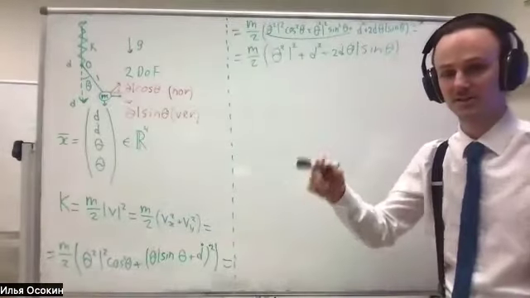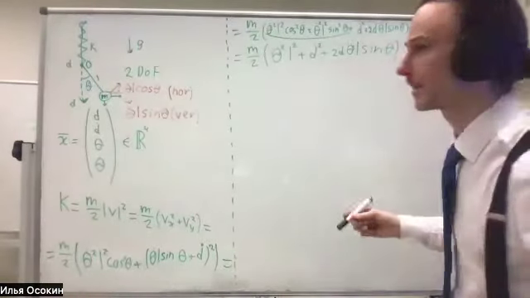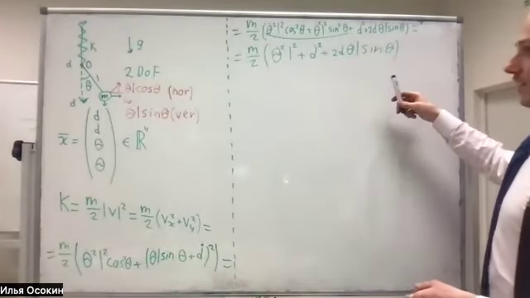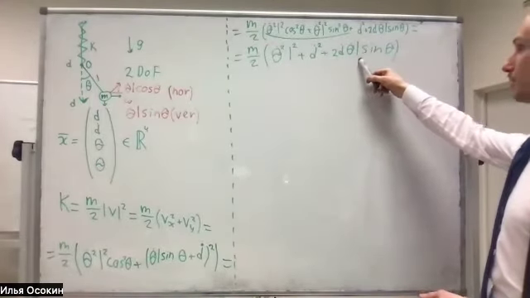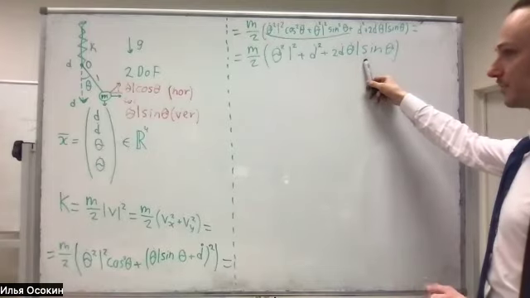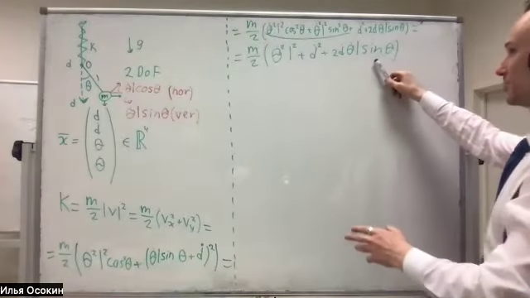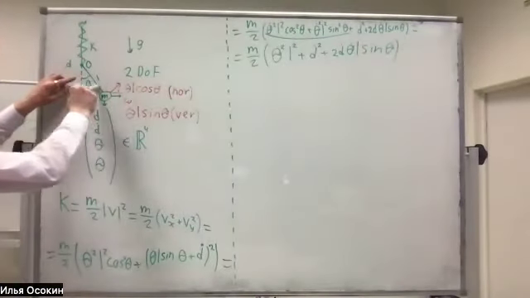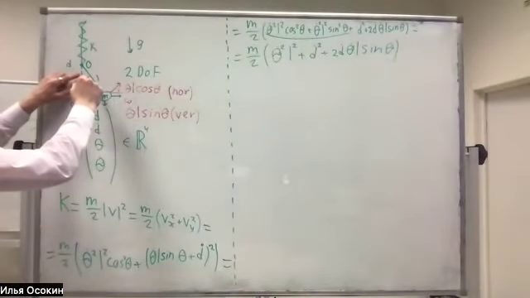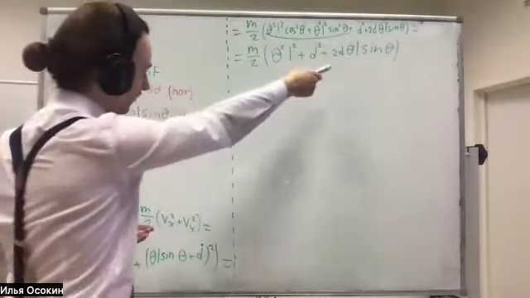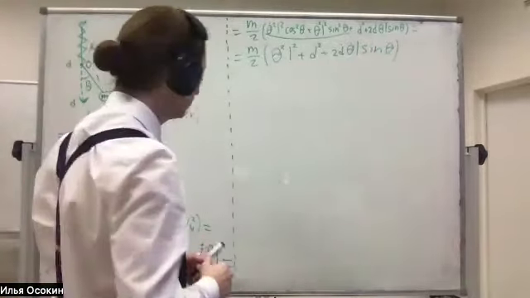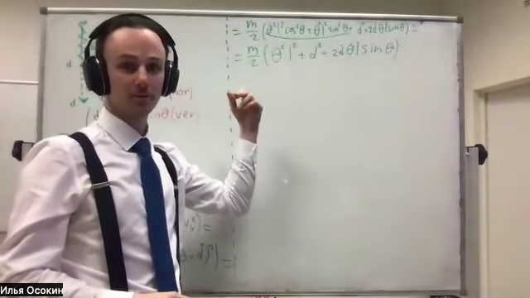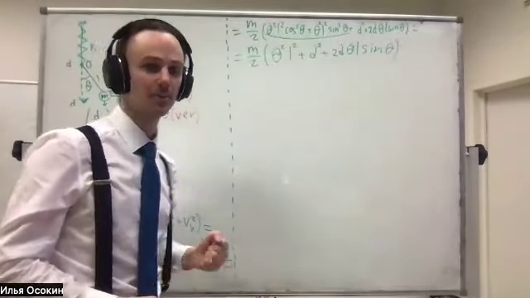It's more complex than just two things added up. And this cross term becomes more significant as the sine of theta increases. Well, you can see the formula. This is the exact formula of the kinetic energy of the system.